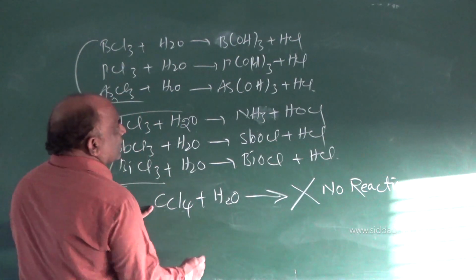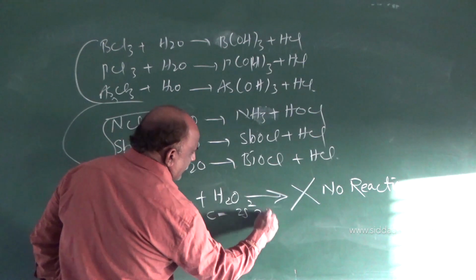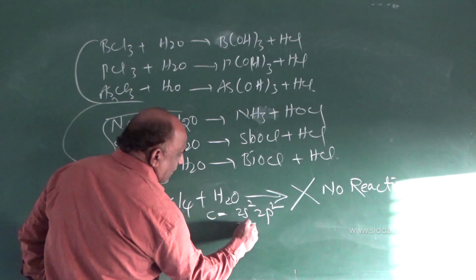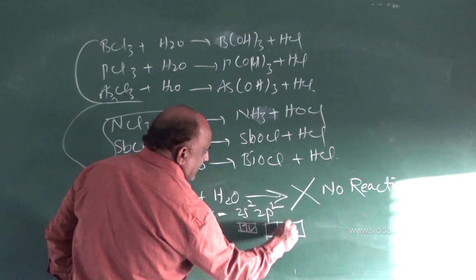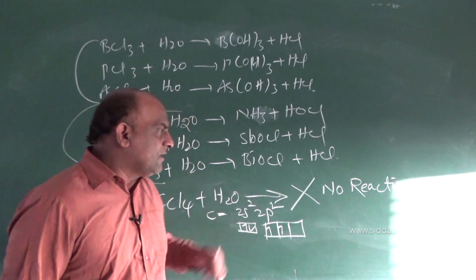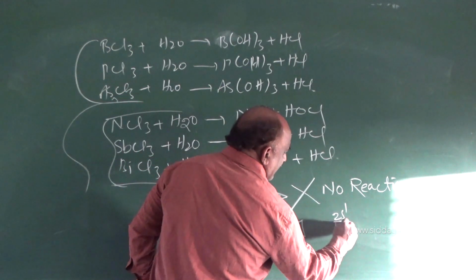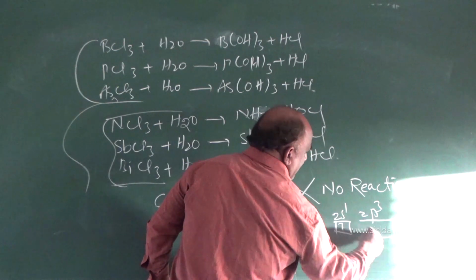We know the electronic configuration of carbon is 2s2 2p2, two electrons in the s orbital and two electrons in the p orbital. This is the ground state electronic configuration. In the excited state it is 2s1 2p3.